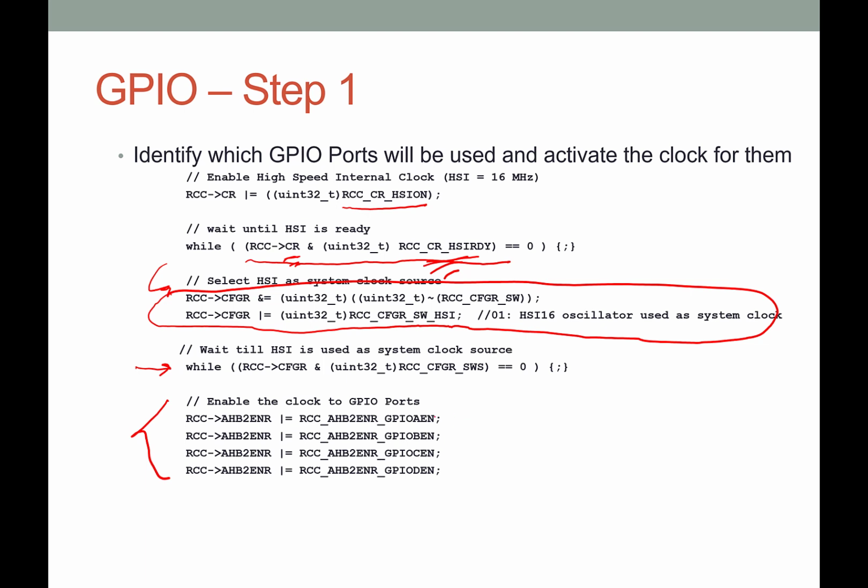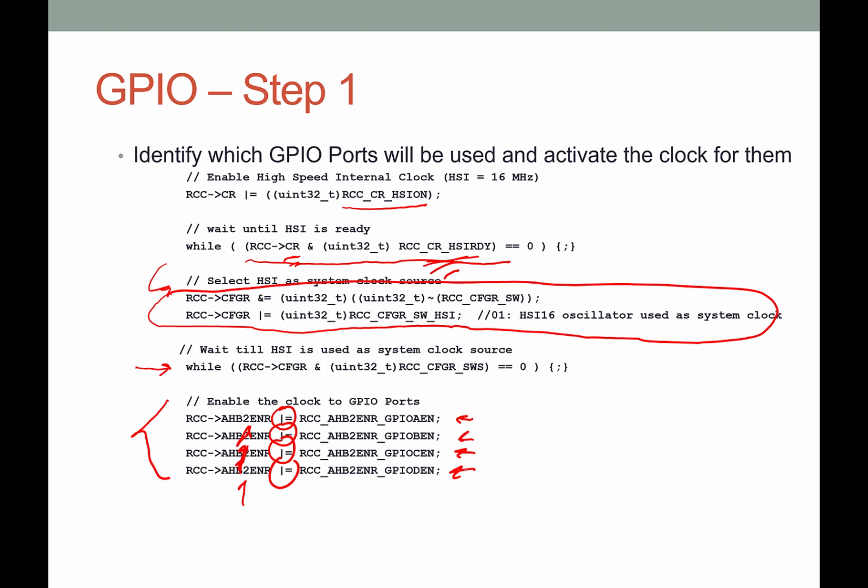Okay, here's where we're going to enable, notice this is the same, and each time we're exclusive ORing that with a bit pattern, a bit mask that will enable port A, port B, port C, and port D. That's what the enabling of the clocks is done by. So once you're done with that, the clocks are enabled, and then you can do modification of the ports themselves.